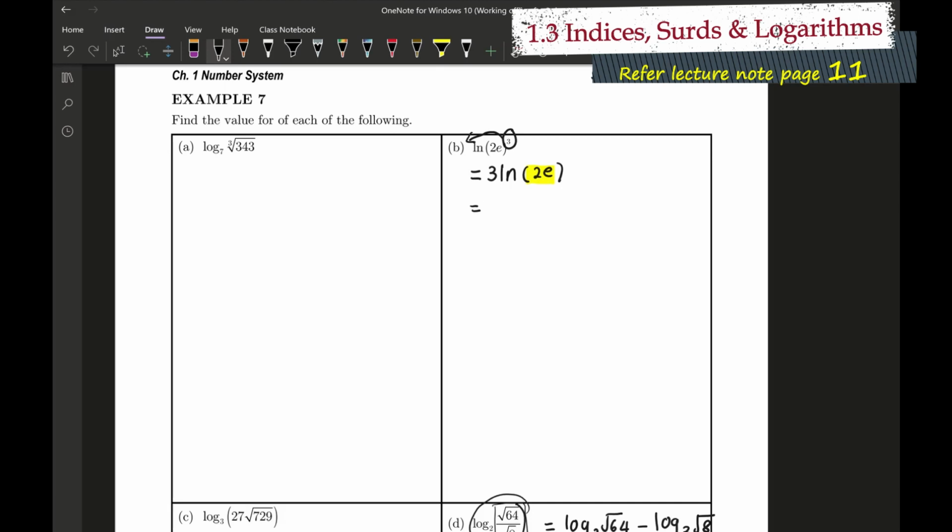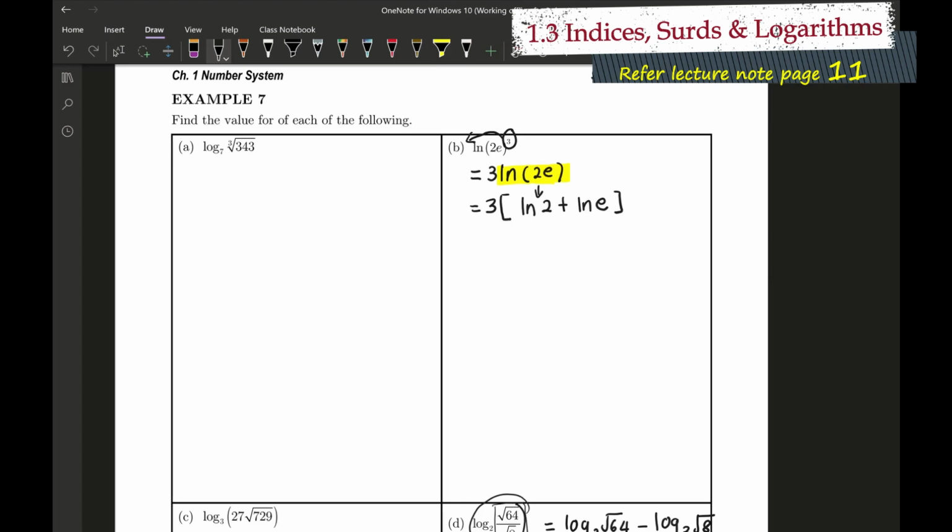So here it will become 3 ln (2 plus ln e). Why do I put bracket here? Because I don't want you to get confused. 3 is still there in the front, but now we are changing the whole thing here to this.